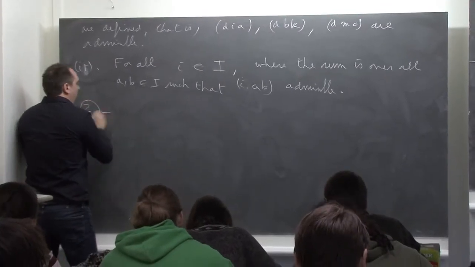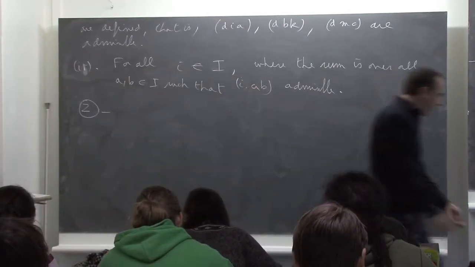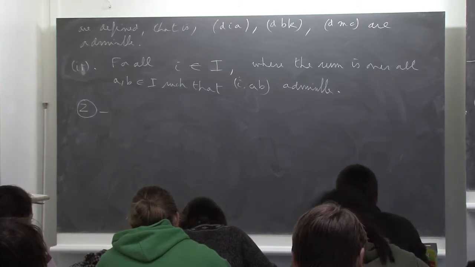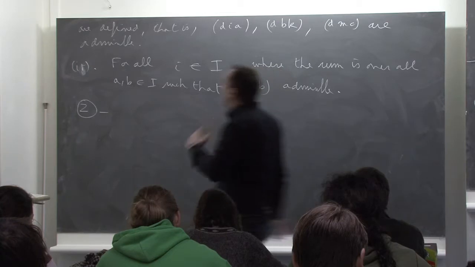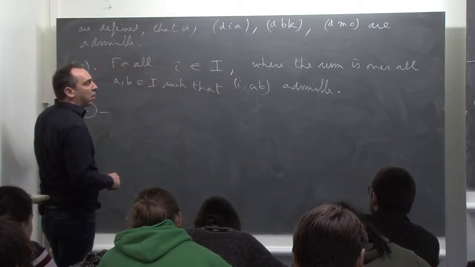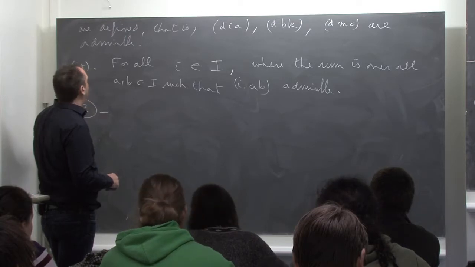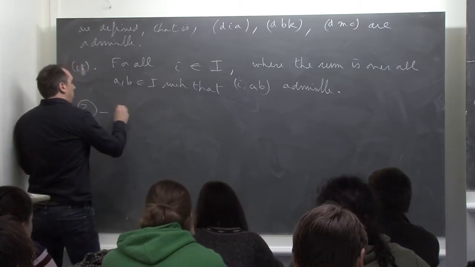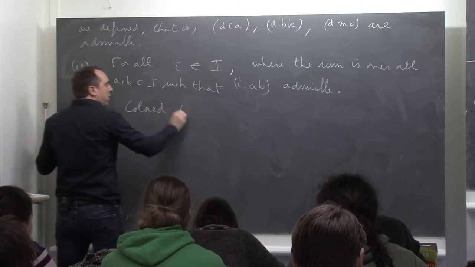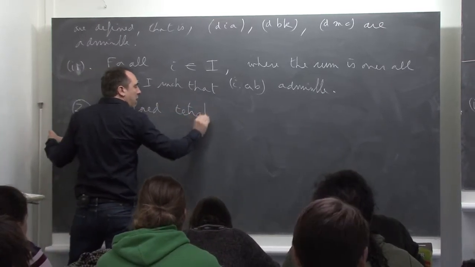Now, as I said at the beginning, the element of I will color the edges. So first, let us talk about the colored tetrahedra.